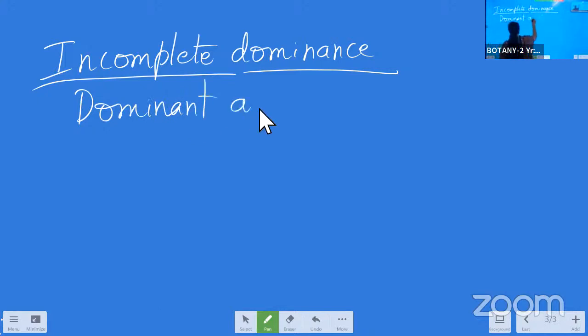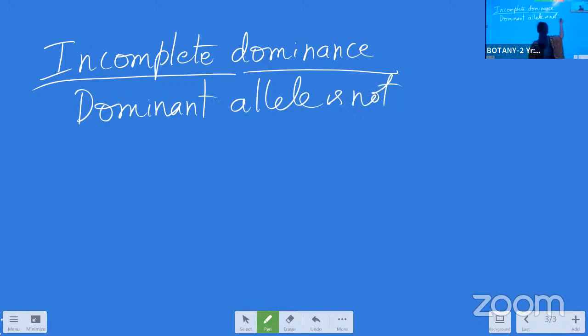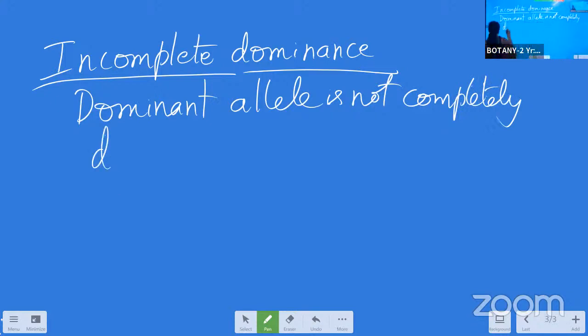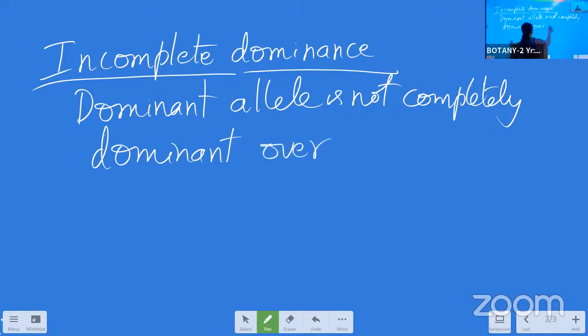Dominant allele is not completely dominant over what? Dominancy can be seen over the recessive allele. So that's the one we have to say here. So the dominant allele is not completely dominant over what?